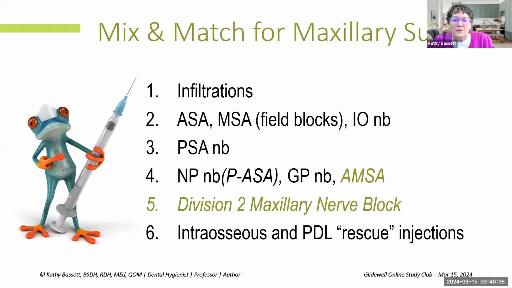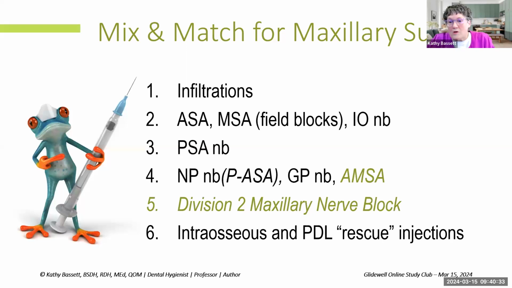And then there's the true Division II maxillary block, if you have someone where there are lots of things in the way. For example, I live near a military base, so I see people who have significantly altered anatomy from trauma injuries, and the nerves aren't where I expect them to be. I need to think very differently and get to root areas because their anatomy has changed.